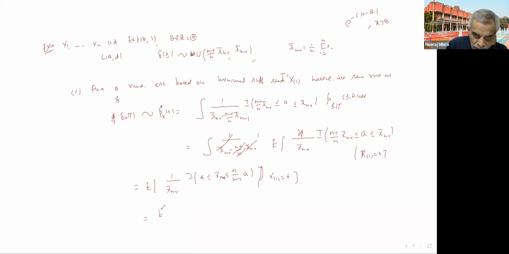So I make it 1 upon x bar n minus 1 minus x1 plus t, indicator a less than or equal to x bar n minus 1 minus x1 plus t, and then less than or equal to n upon n minus 1 a, given that x1 is equal to t. Now I know that this is ancillary, and x1 is complete sufficient, so this conditional would be the same as unconditional.